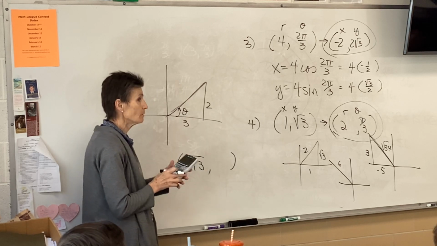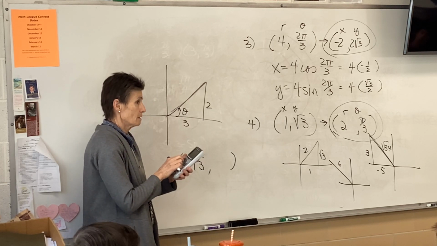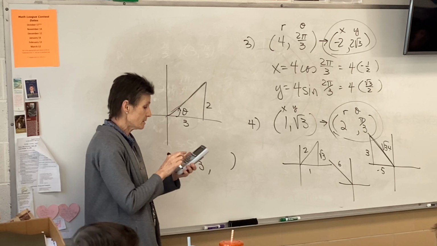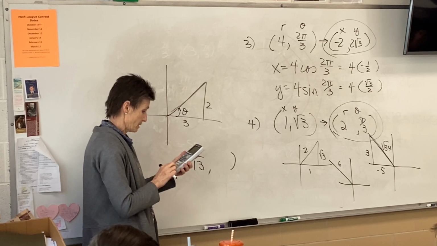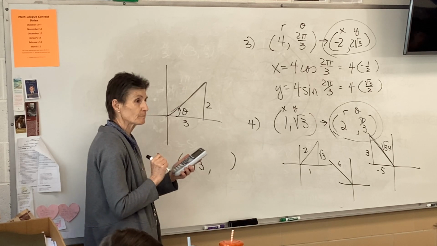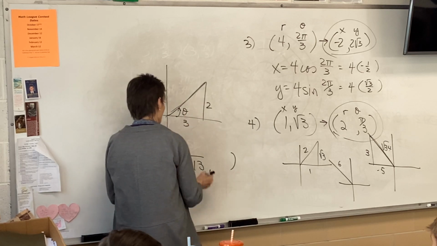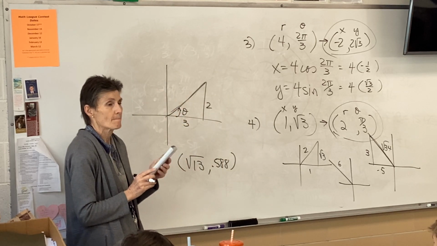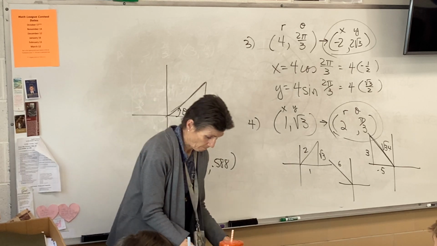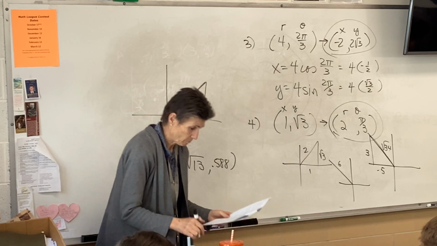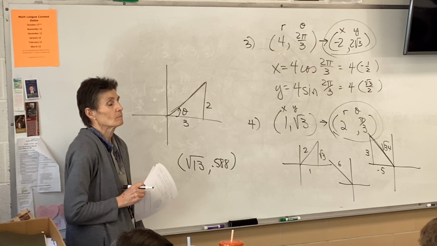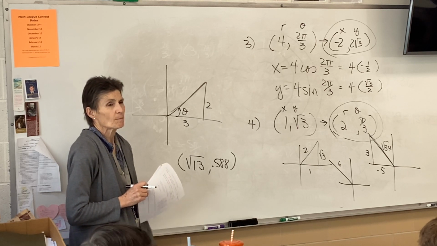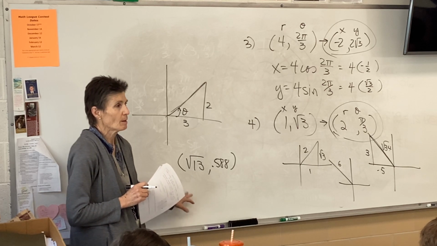How do I find that angle? Second tangent 2 divided by 3. 0.588. Everybody okay with that? Everybody understand why that has to be a calculator problem?